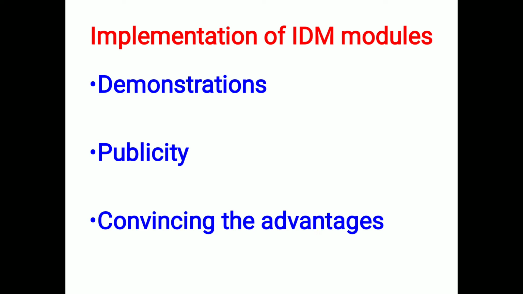Next, we discuss the implementation of IPM modules, that is how we implement the IPM module. For that we need demonstration. As we know, there are two types of demonstration, method demonstration and result demonstration. You should show how we can conduct it.